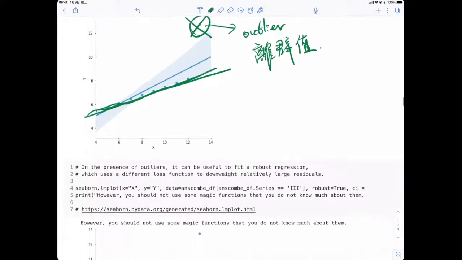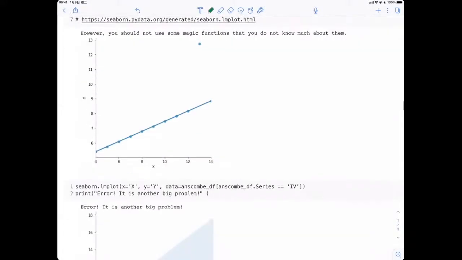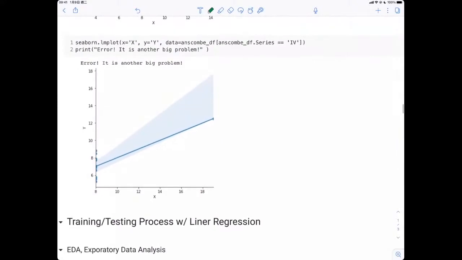If you ignore this outlier, your linear regression line will be perfect. Okay. That is even worse. All those data are right here. So basically, if you draw a linear line, it should be like this, right?